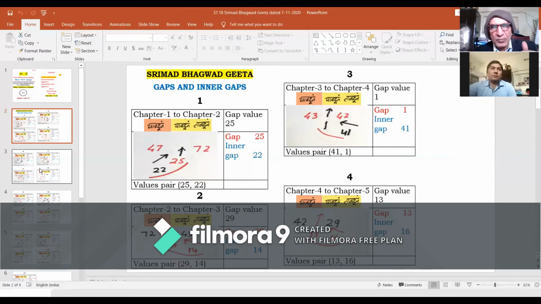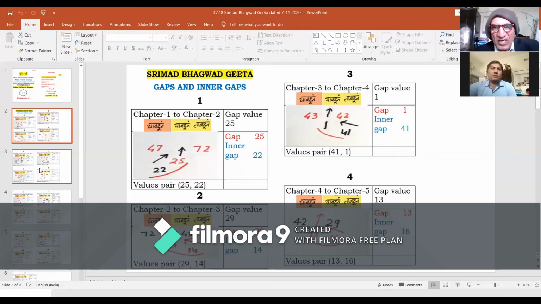Therefore, this way we see that this organization of Srimad Bhagavad Gita and the mathematical processes, Ganita Sutras, are sequentially taking us to the reach of Vedic mathematics.